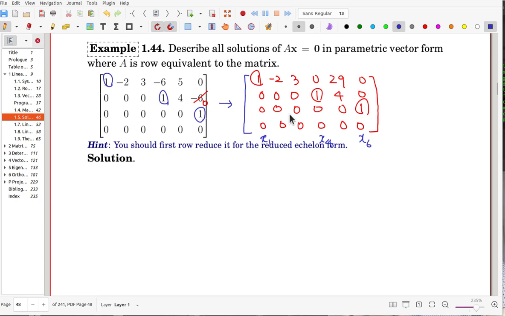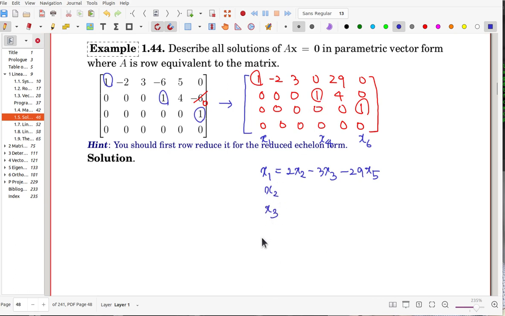So from this one we can get x1 equals, moving this term to the right side, 2x2 and minus 3x3, and minus 29x5. And x2 is free, x3 is free.